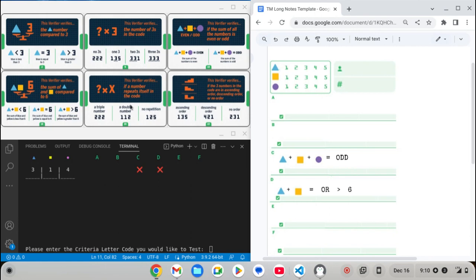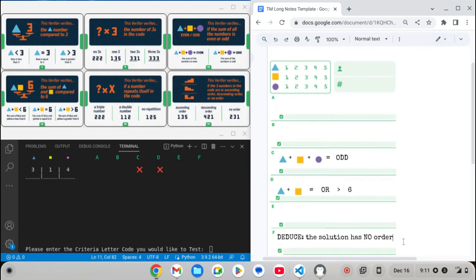That would make criteria card E irrelevant because ascending would imply no repetitions, as would descending, just in the opposite direction. All those digits would be uniquely smaller as you go from triangle to square to circle. So we can deduce that the solution should have no order.